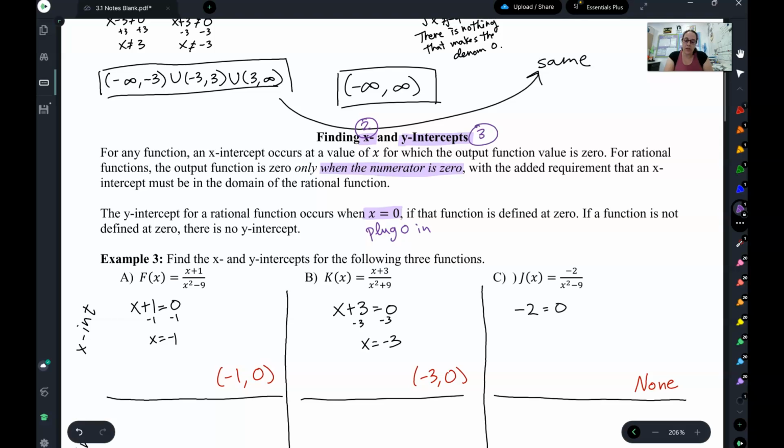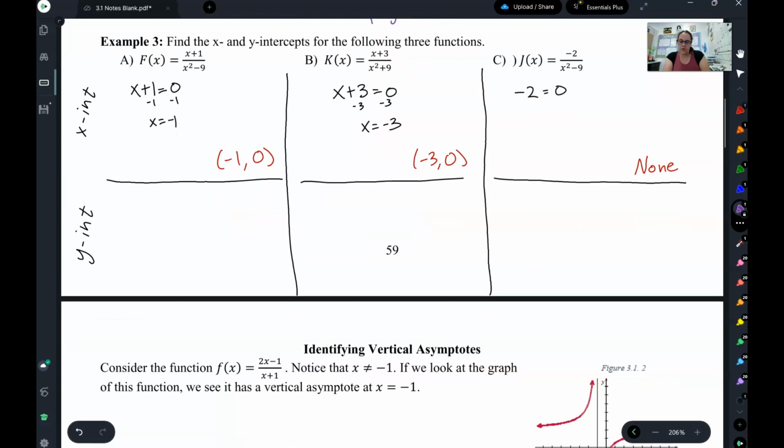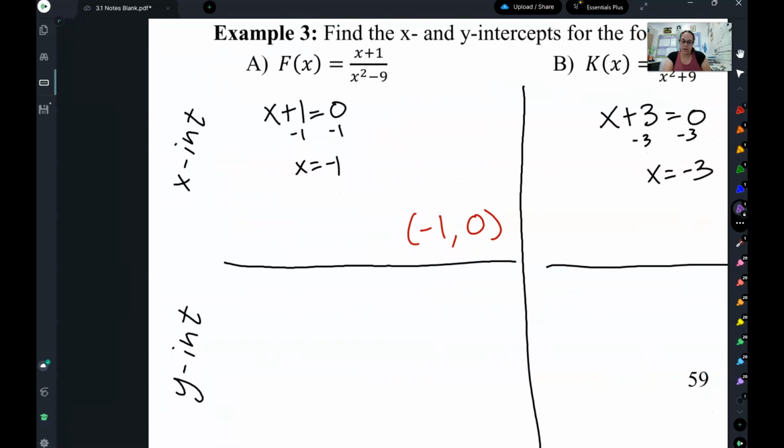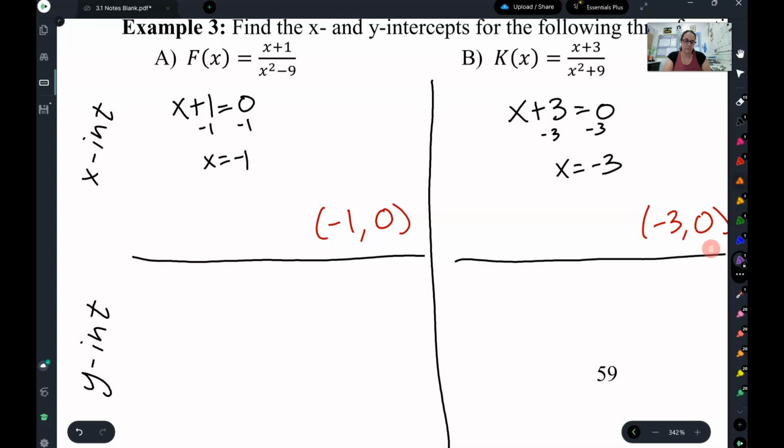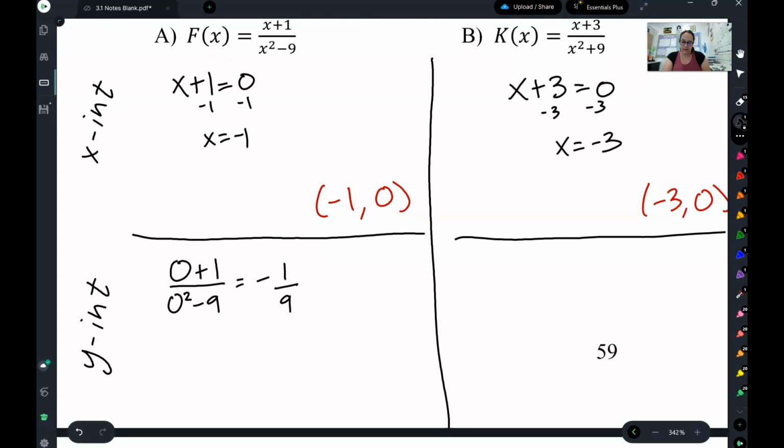Rule number 3, for the y-intercepts, plug 0 in and see what you get. So let's do these examples again, but with our y-intercepts. So I'm going to plug 0 in for our y-intercepts. So I get 0 plus 1 over 0 squared minus 9. And if I simplify that, I get negative 1/9.